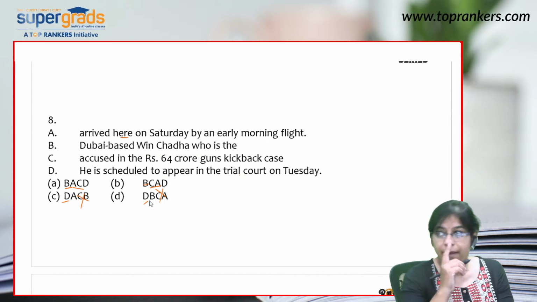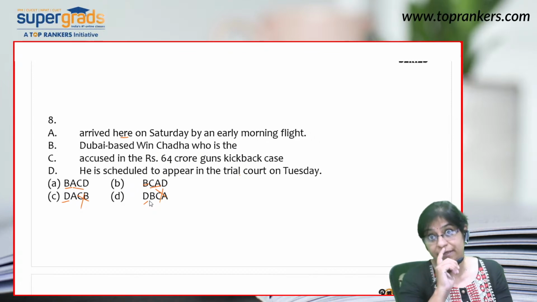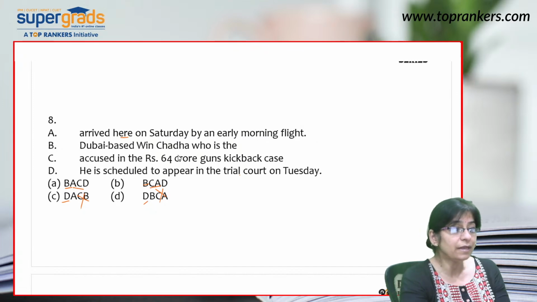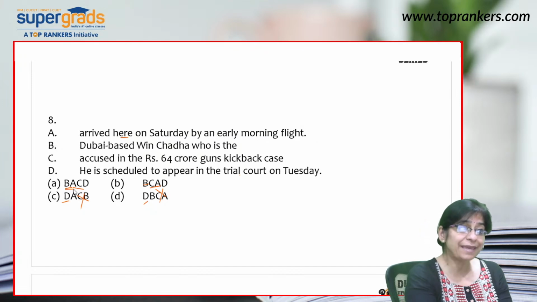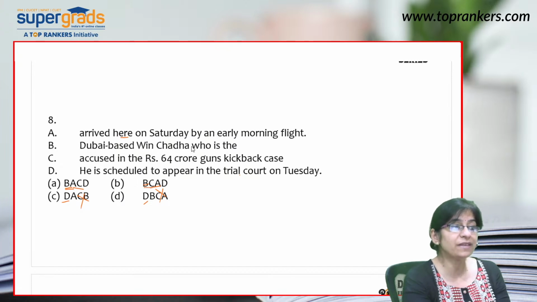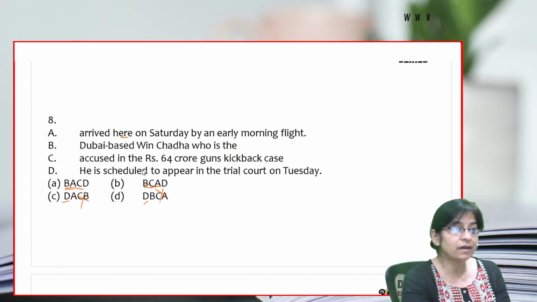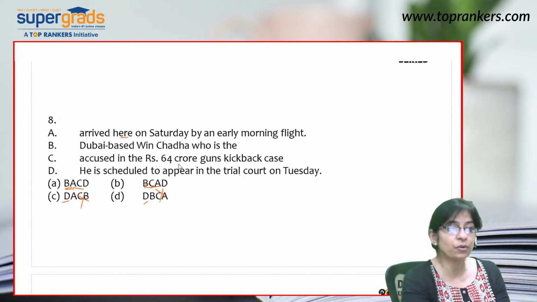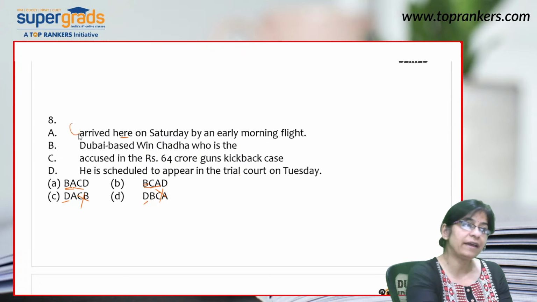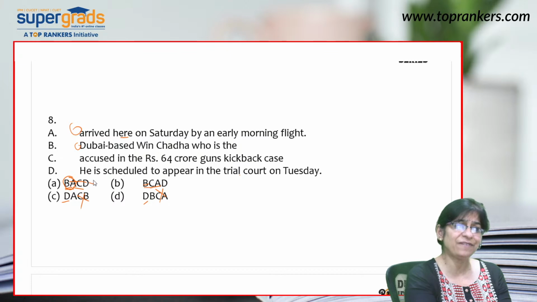Yes, that was right, Kiran. Now, should BA be put together or BC be put together? Dubai-based Vin Chadda, who is the accused in the 64 crore kickback case, or who is the arrived? It doesn't even make sense. So you can very safely eliminate this one and choose B as the right answer.